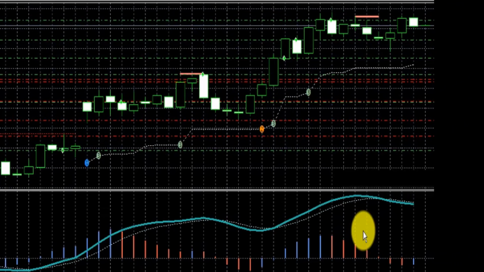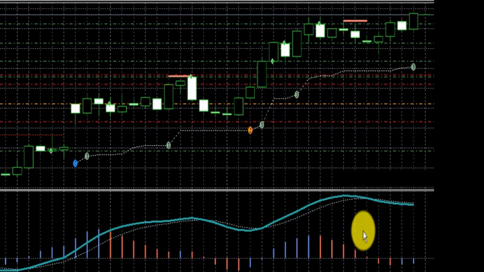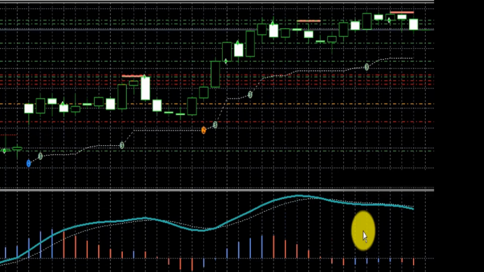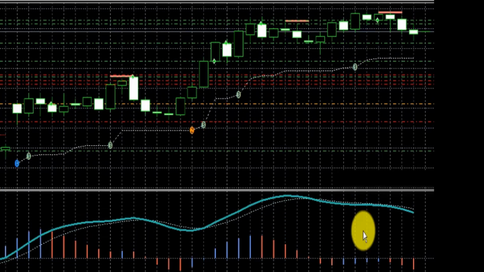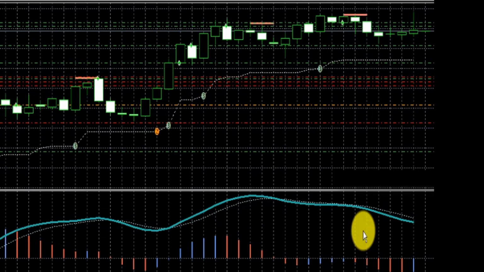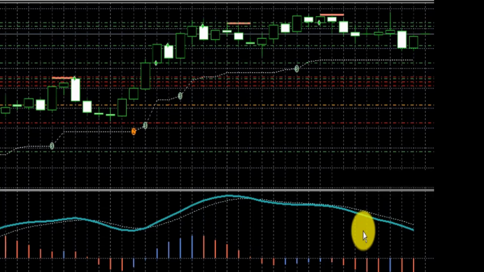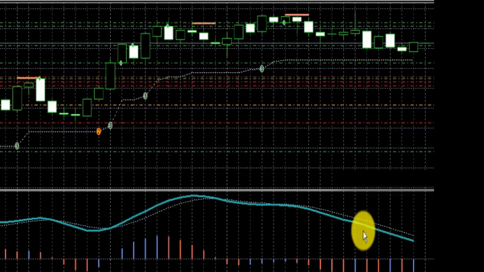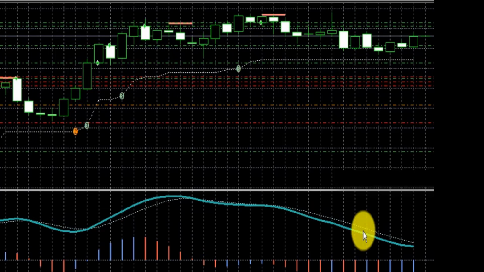Bit of sideways movement there. Oh, another 3, so again, let's get in with a buy. Now, okay, move down close, but it's not breaking our dotted line with the close, so we can keep the trades running.